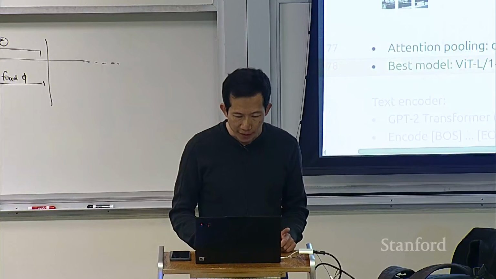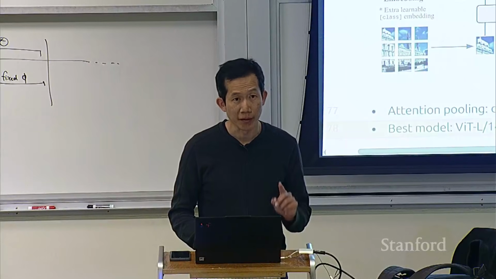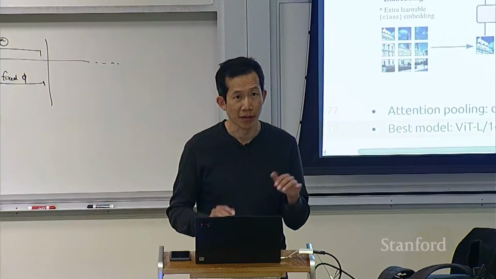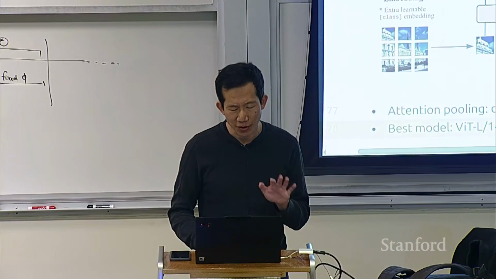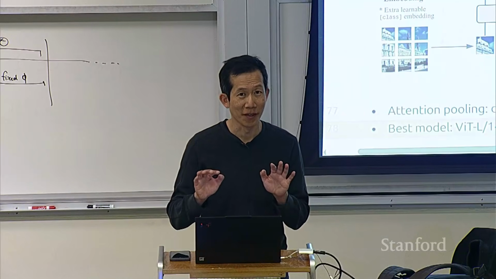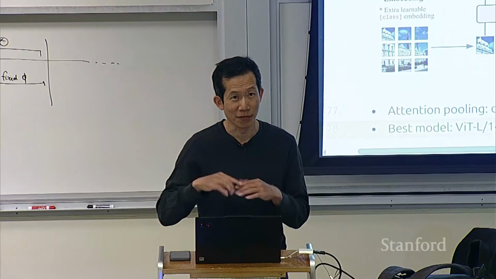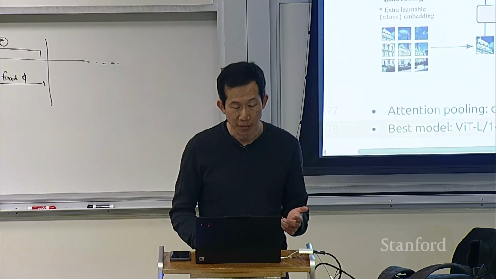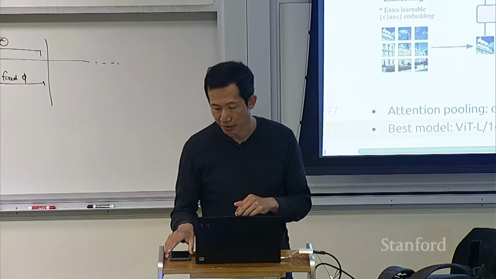In the CLIP paper, I believe they tried some 2D version and the 1D, and they found that it doesn't really matter that much. I always have to take these results with the idea in mind that they're interested in classification. So for classification, maybe it doesn't matter. Later, we'll see fancier positional embeddings that do take into account the spatial structure.